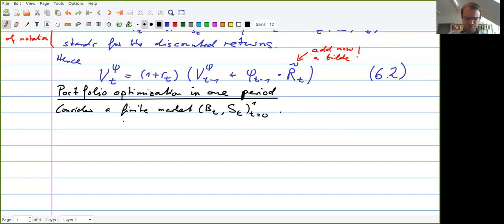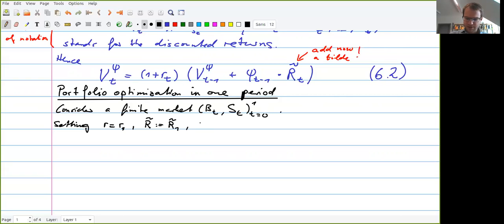And this allows us to simplify the notation a bit. So let me set my interest rate, which is given in my formal notation by R1. I drop the index 1, so R tilde is now R tilde 1. I have some initial capital.